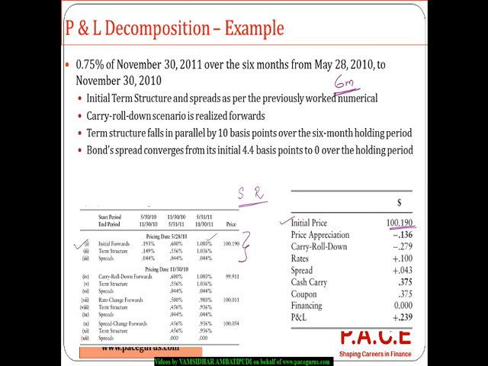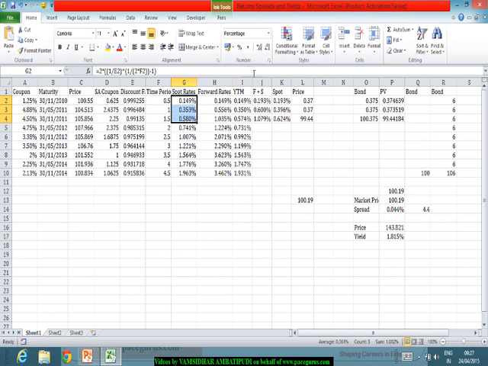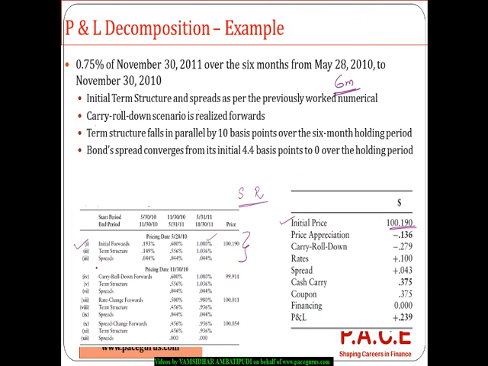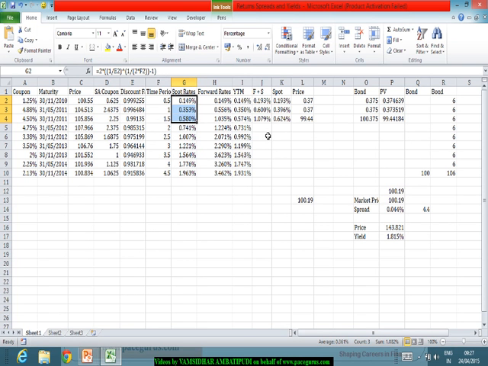Now I really want to see the initial term structure and the spreads as per the numerical that we have worked out. That is where I have got these numbers. Now I want to see 6 months later, which is the 30th November 2010. At that point, we are saying the carry roll down scenario is realized forwards. So we are saying that the forwards are going to be realized in the future.